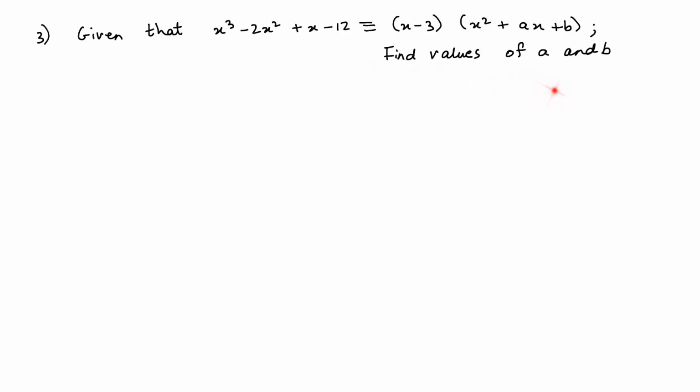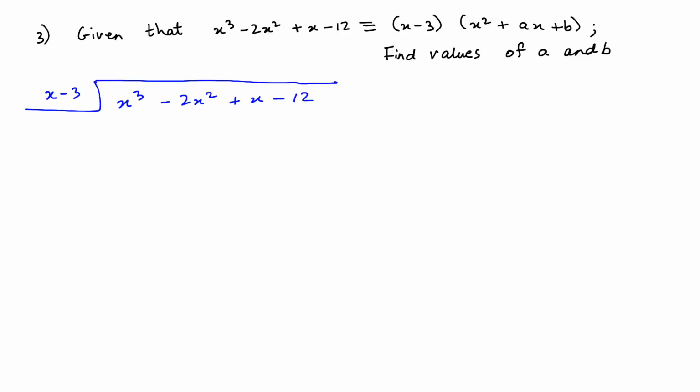I have explained this in the factor theorem, how to expand the bracket and solve it. So in this question, now I will do long division. X minus 3, and inside we'll write x cubed minus 2x squared plus x minus 12.